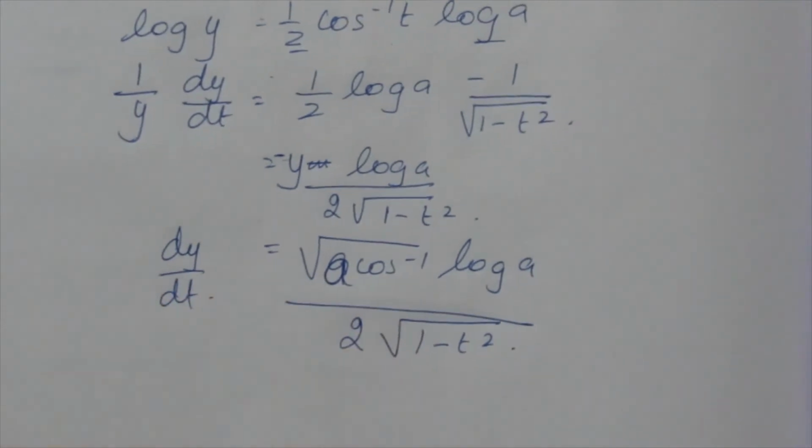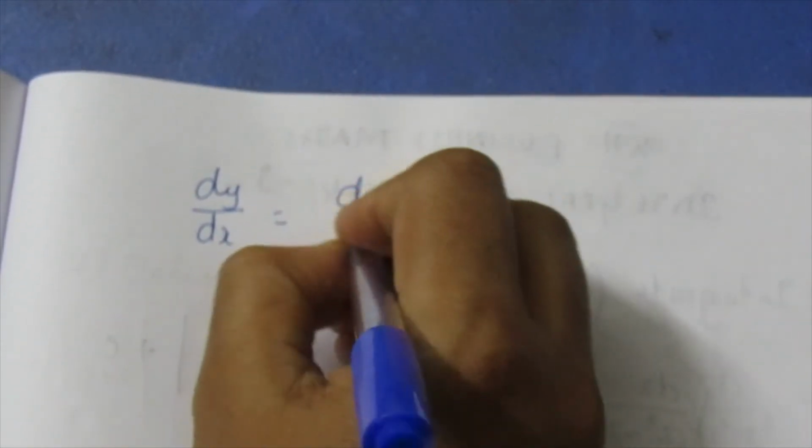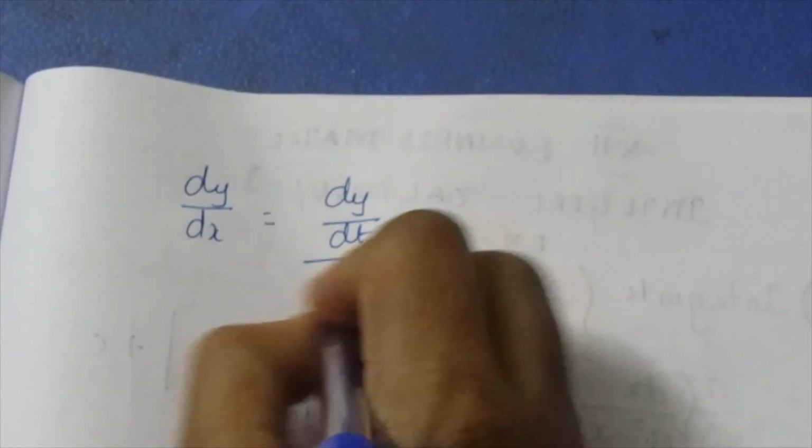We need to show dy by dx. So let me find dy by dx. So dy by dx is nothing but dy by dt divided by dx by dt.